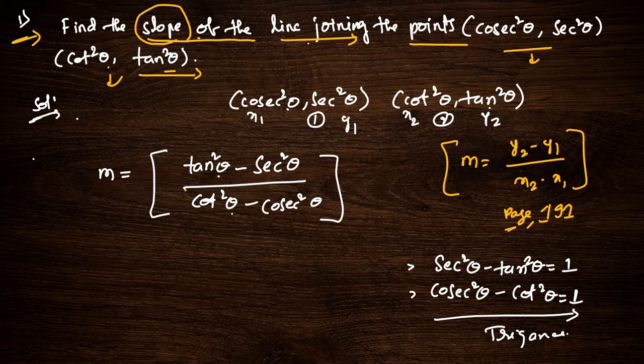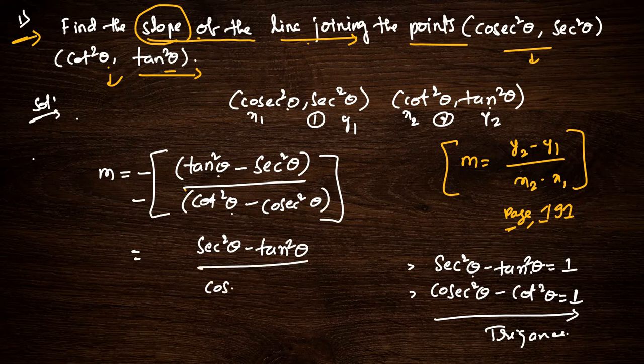So I will write the numerator as secant square theta minus tan square theta, and I will take the minus sign into the denominator also, and it will become cosecant square theta minus cot square theta. Secant square theta minus tan square theta is equal to 1, and cosecant square theta minus cot square theta is also 1 here. So m is equal to 1 is the answer.